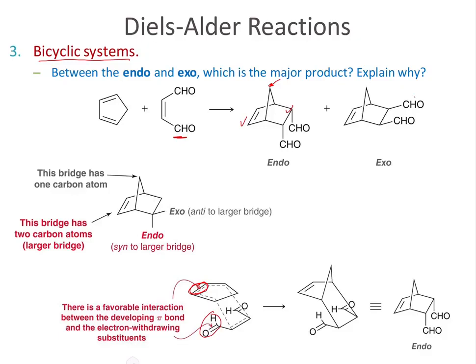If they are on different sides, then it does not influence the reaction to go faster. So the minor product will be the exo, and the endo is going to be the major product.